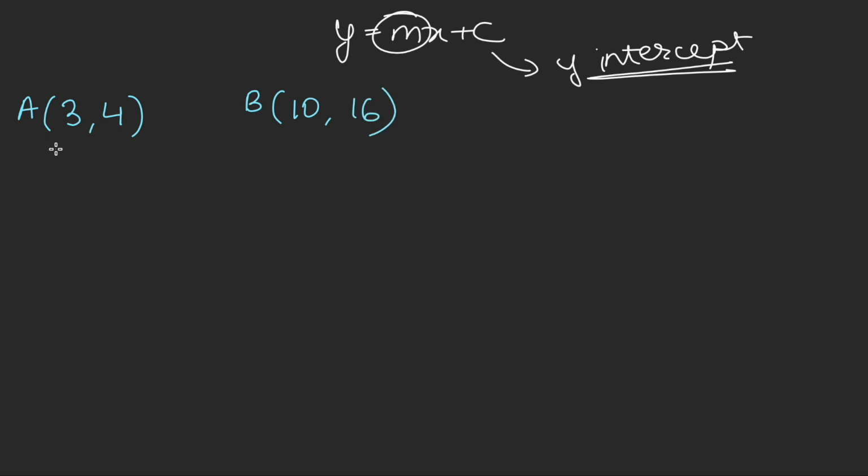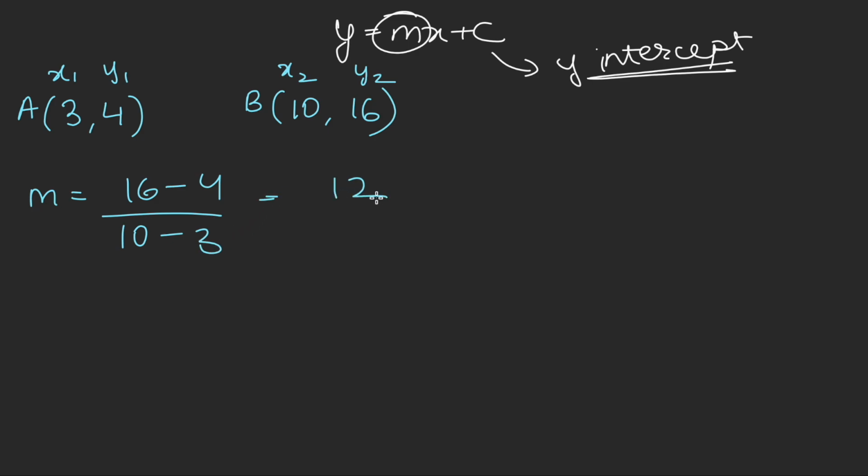I have to find the equation of a line between these 2 points. What is my m? So this is x1, y1, x2, y2. y2 minus y1, so 16 minus 4 upon x2 minus x1, 10 minus 3 is equal to 12 by 7. This cannot be simplified further, so this is my m.